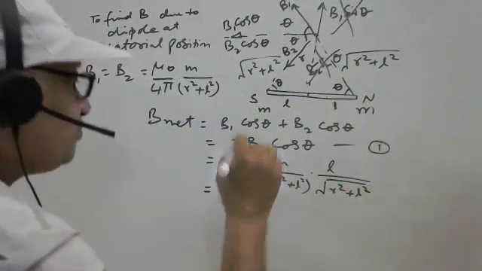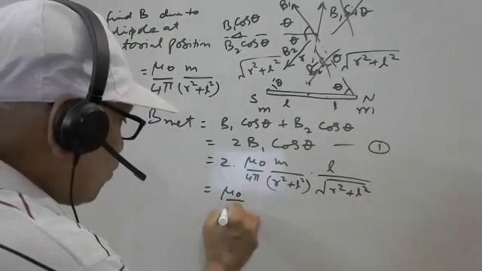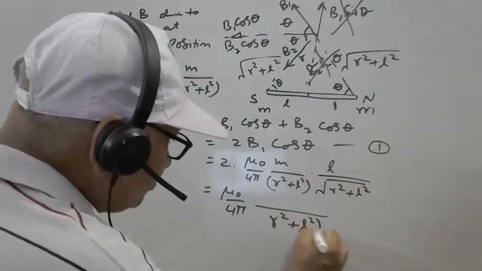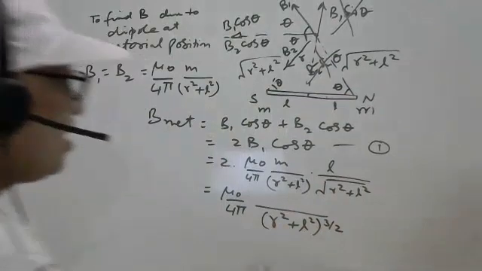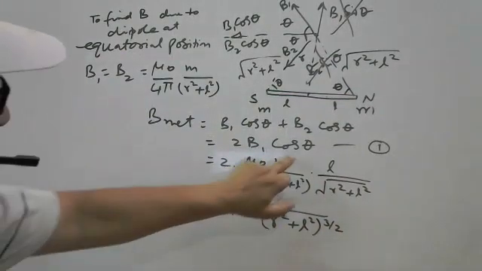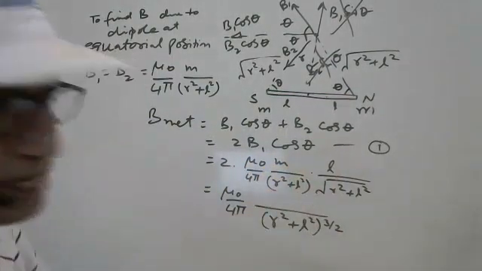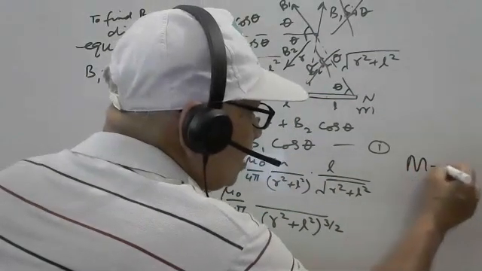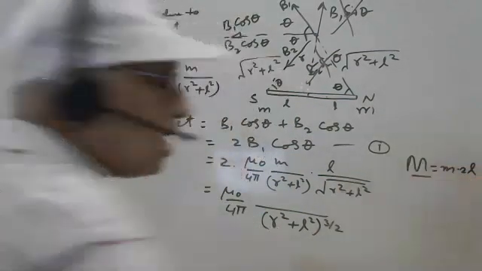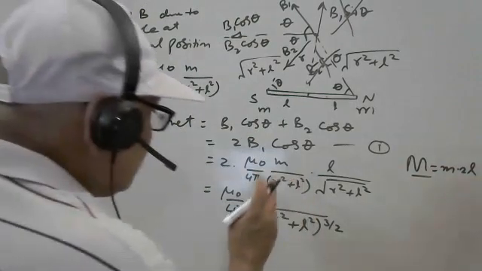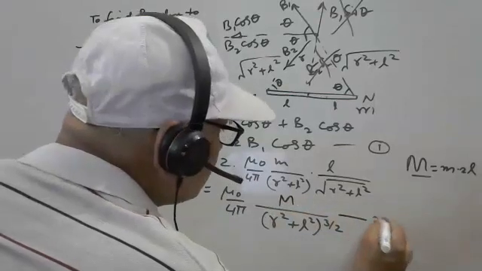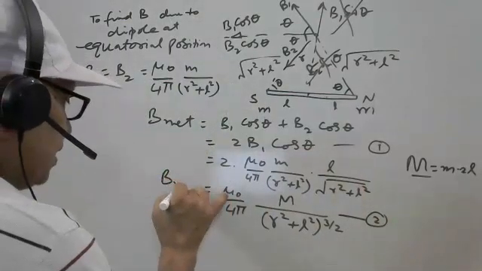It means here mu naught upon 4 pi, and in the denominator I am writing this to the power 3 by 2, and instead of 2m into 2l, 2ml, can we write capital M, the dipole moment, because this is the definition, m into 2l. Instead of 2ml we write M only. So this is the equation for B net.